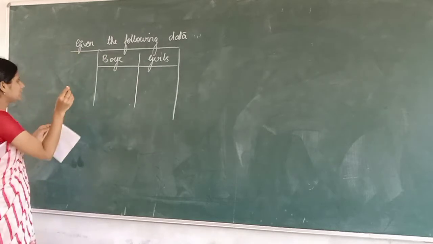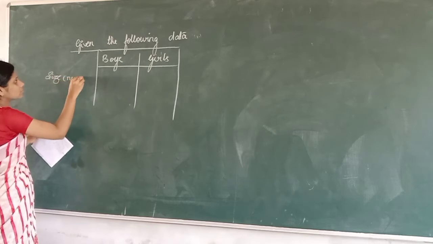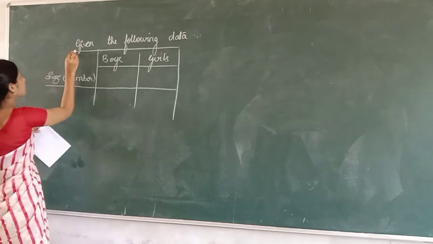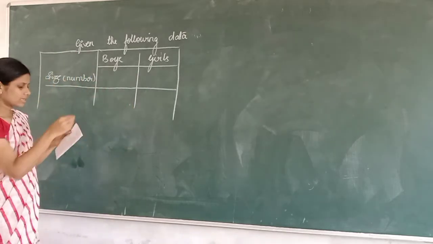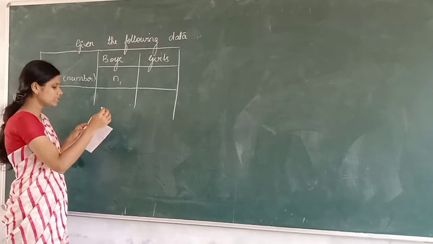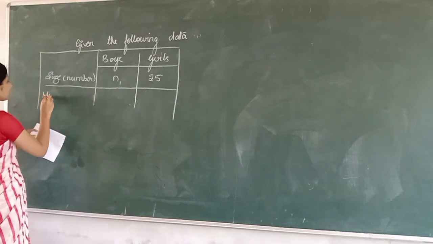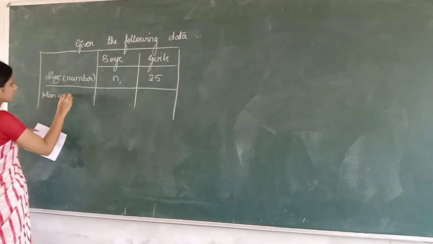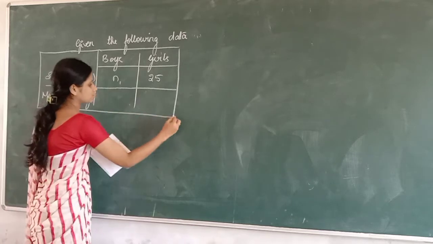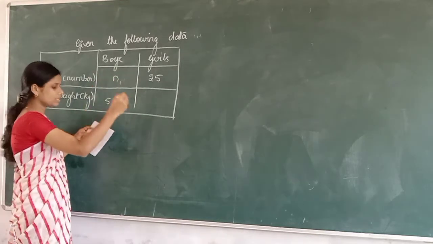And the information related to size, that is in numbers. Size, number of boys, that is n1, we don't know the number of boys, but the number of girls is 25. Next, mean weight, given in kg. Boys' mean weight is 53, whereas girls' mean weight is 40.